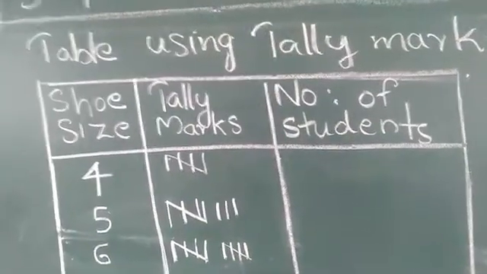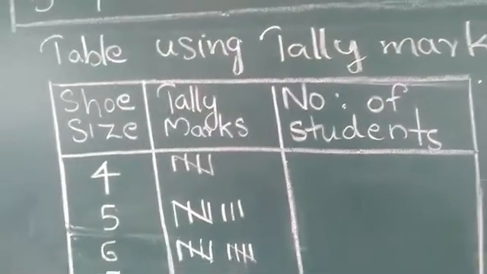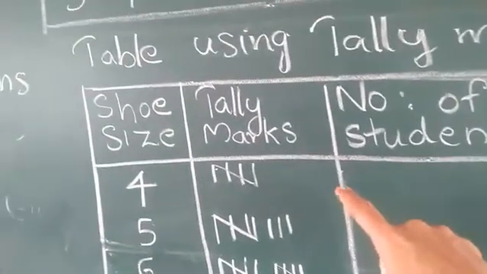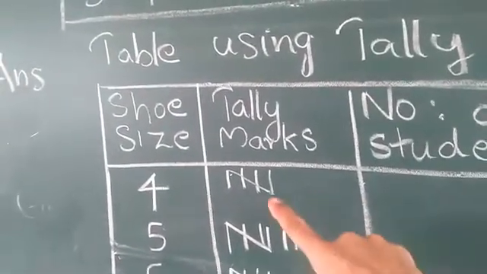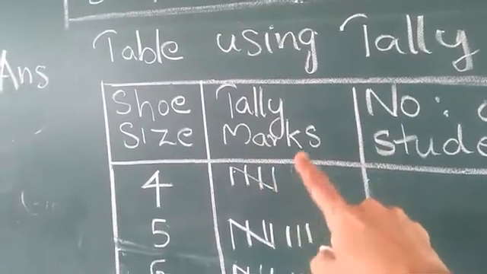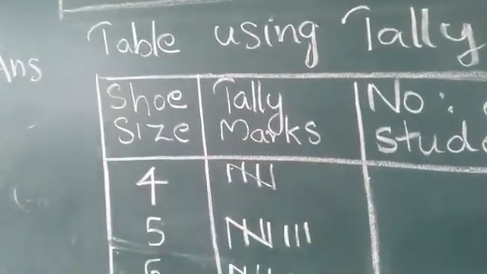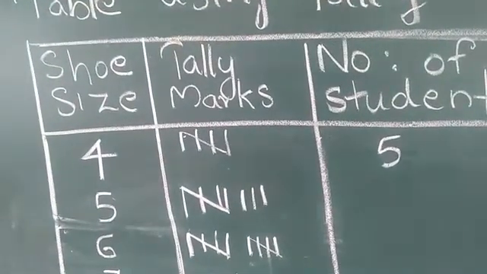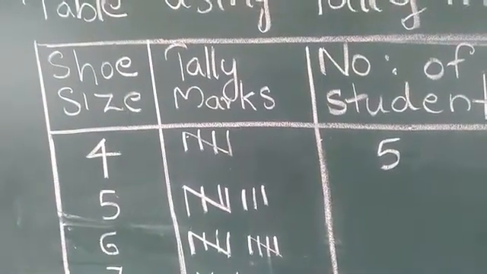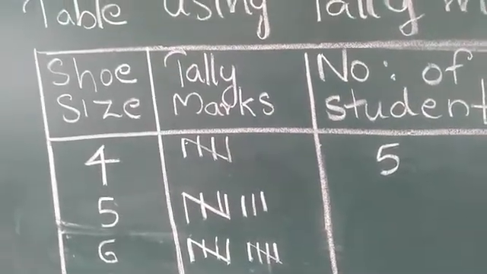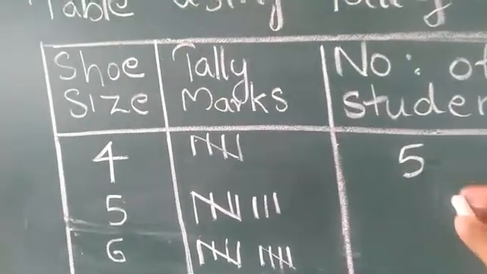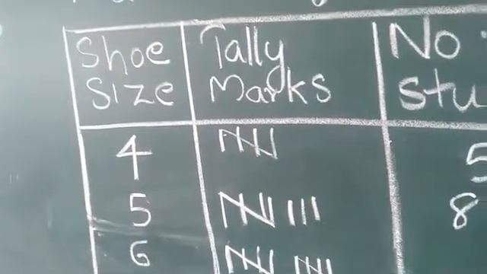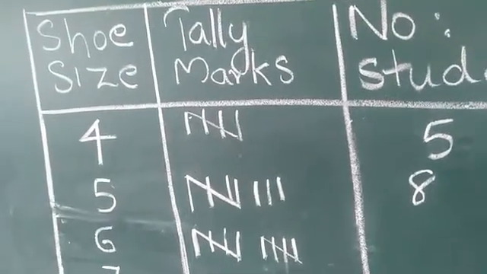Looking at these tally marks, we can write the number of students who chose the different shoe sizes. Here size 4, how many students? 1, 2, 3, 4, then 5. So we will write 5. Next, shoe size number 5 is coming. 5 plus 3, 8. So we can write 8 against this tally mark. Next one 6.